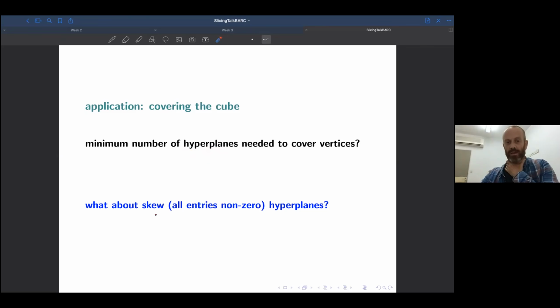But a question that was asked before is, what if we insist that all entries in all vectors are non-zero? So they're not parallel to the axes, they're sort of generic. What then? Is there a non-trivial way to cover all vertices?